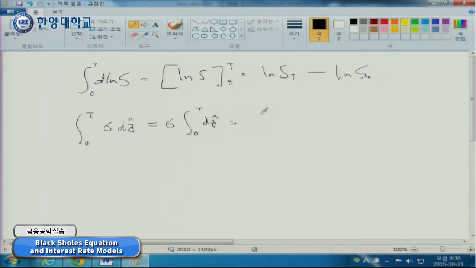Again we do the same thing: sigma times zT minus z0, so sigma zT, because z0 is 0, the starting point. And this has the same distribution as z, right? Are you sure?